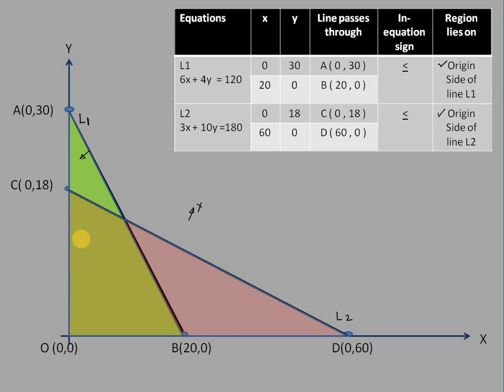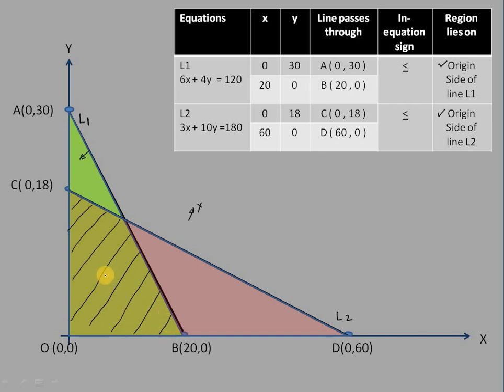Now what happens, children? We have to satisfy both these inequalities. That means we should have the feasible region which is common to both L1 and L2. And what is that? That is this region. This region is common to both L1 and L2. Understood, children?